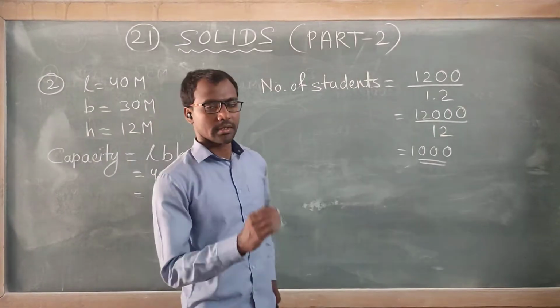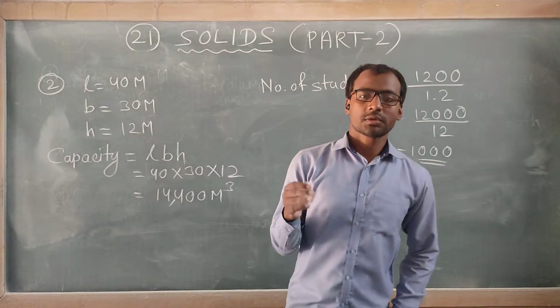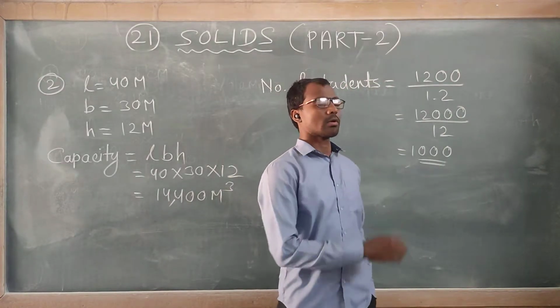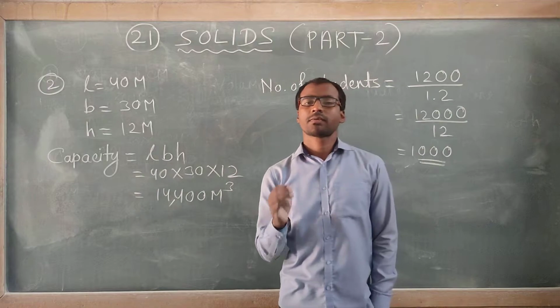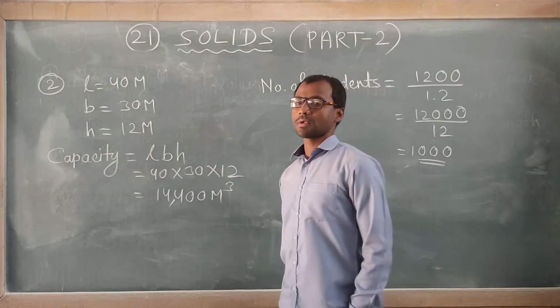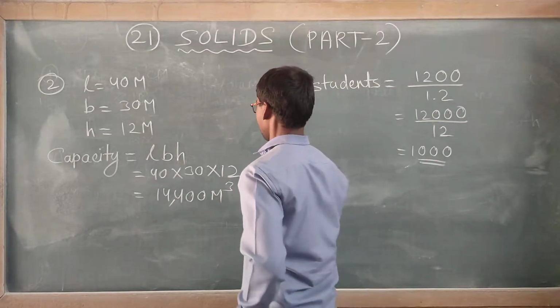So this much air is available to all the students in this auditorium, and there can be 1,000 students in that auditorium. So how much air is available for each student? Again using the unitary method, 14,400 by 1,000.